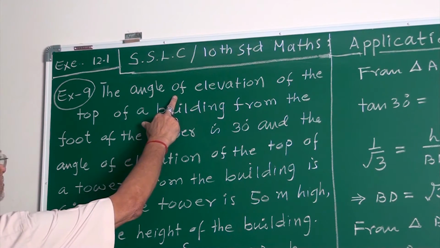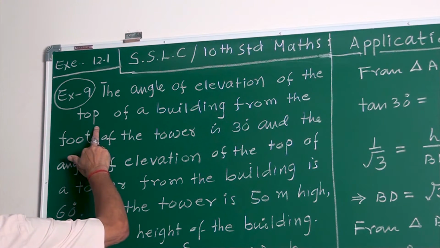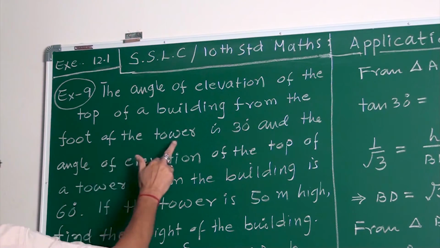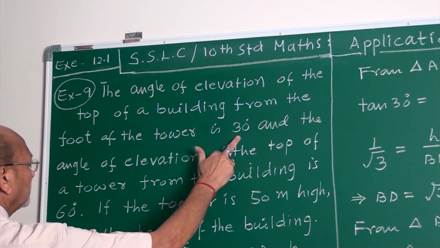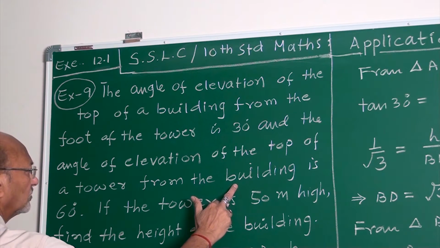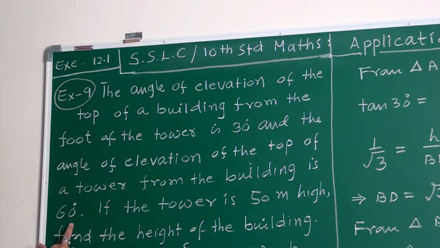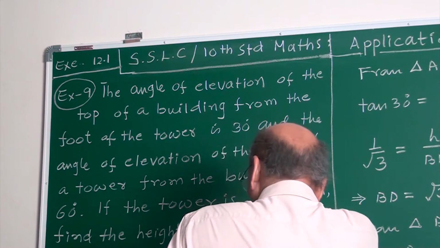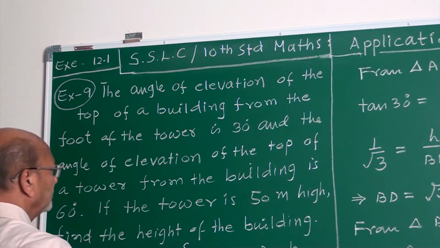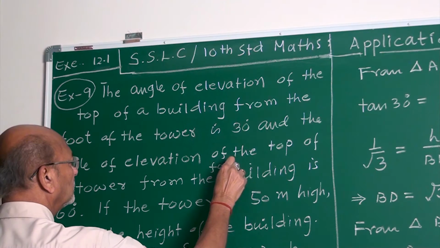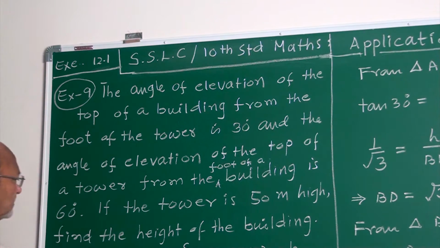The angle of elevation of the top of a building from the foot of the tower is 30 degrees, and the angle of elevation of the top of the tower from the foot of the building is 60 degrees.